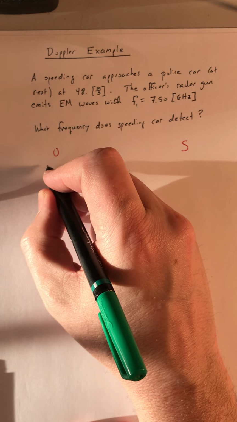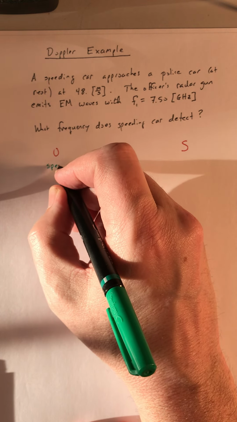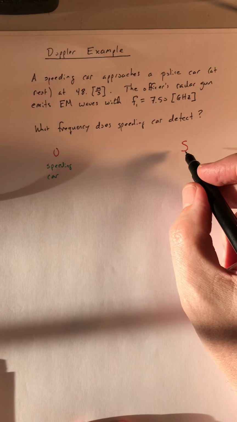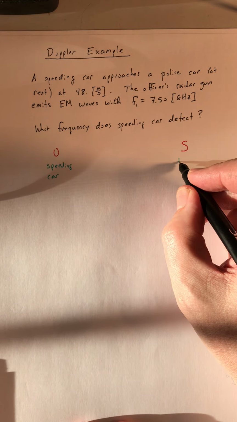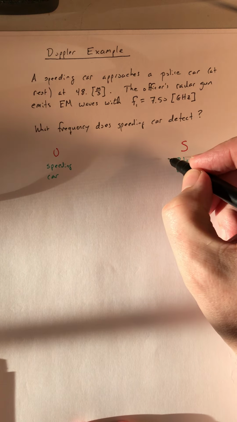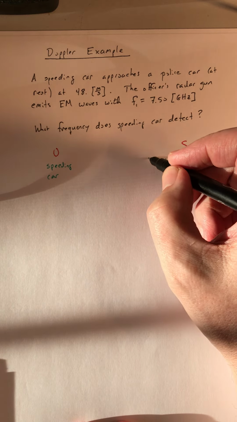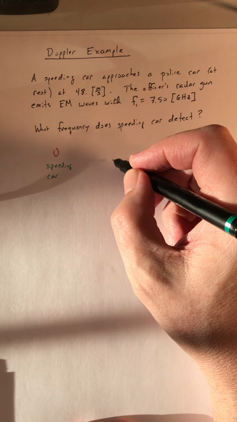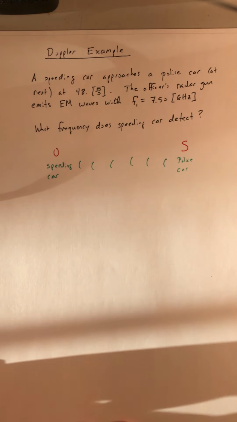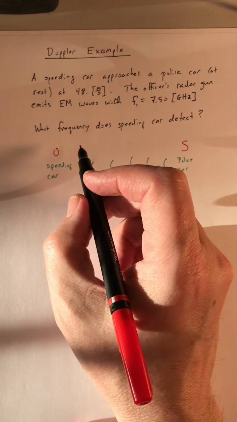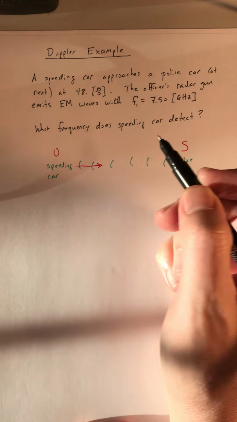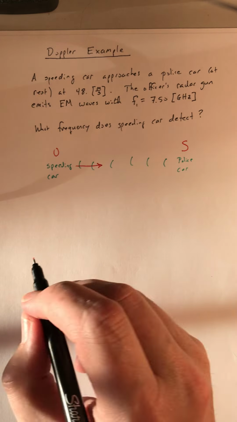The observer is the speeding car, and the source is the police car. The electromagnetic waves are propagating from right to left, and the speeding car has a velocity into those waves.